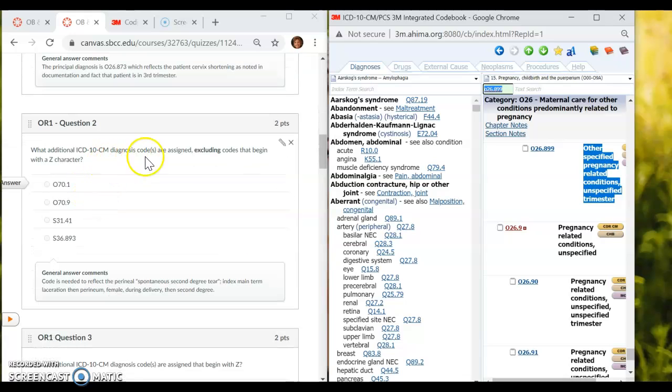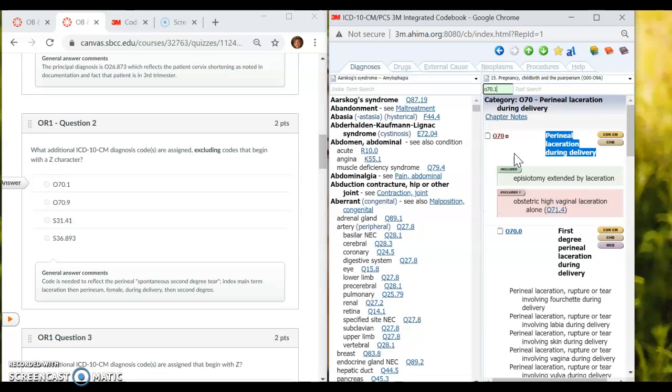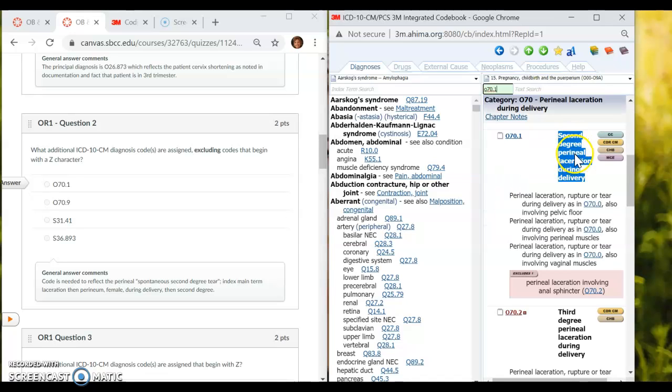Question 2, which additional? Okay, so with this one here, you're not going to use the S codes. Okay, we are in the OB section. We're going to use O codes. Okay, big difference here. Some of you did put the O70.9, but we want the O70.1 because it's second degree perineal laceration.